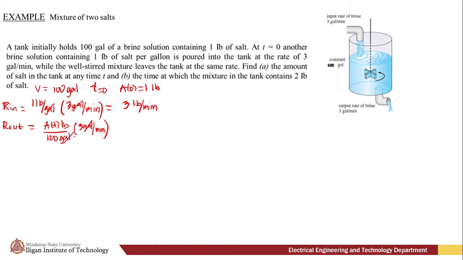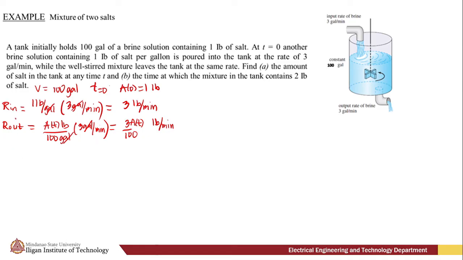Simplifying this, our R out is now equal to 3 A of t over 100 pounds per minute.